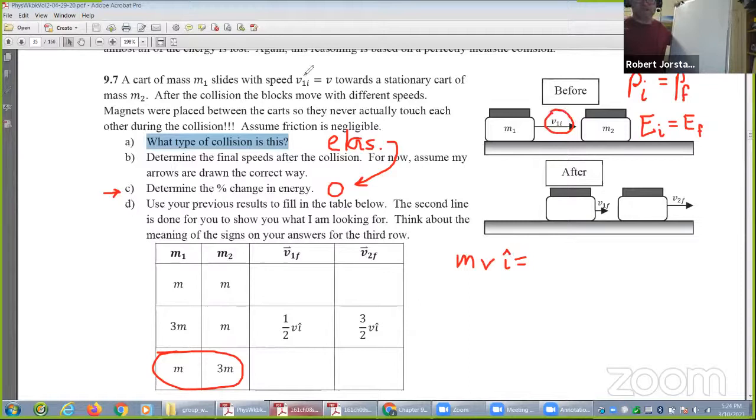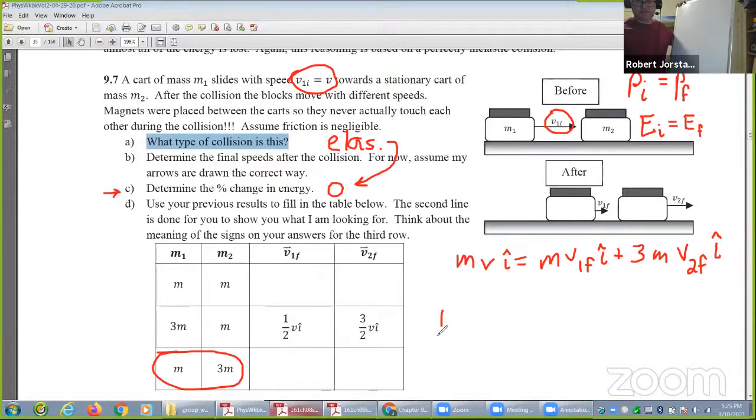We're going to assume that is V. And then the final momentum would be m times V1 final plus M2, which is 3m, times V2 final, right? And these are all in the i hat. That would be the momentum equation.